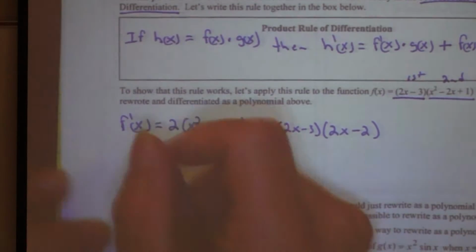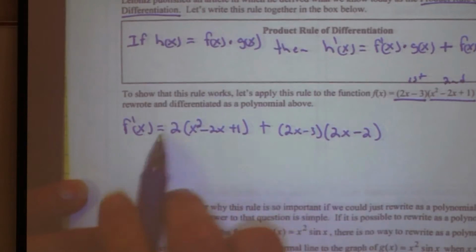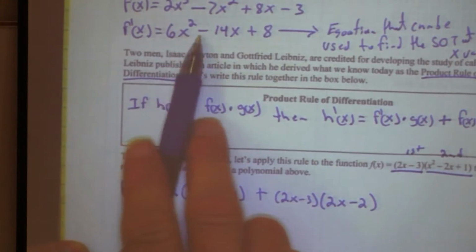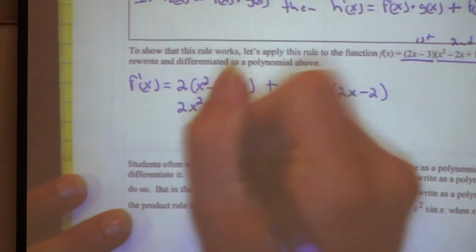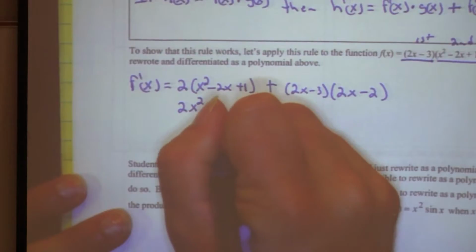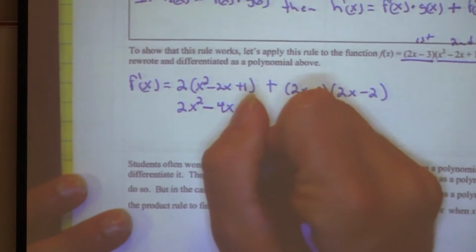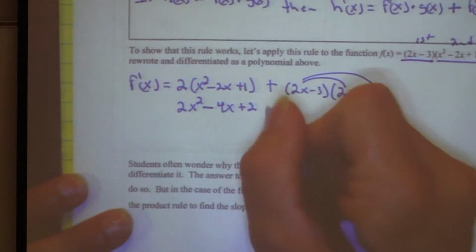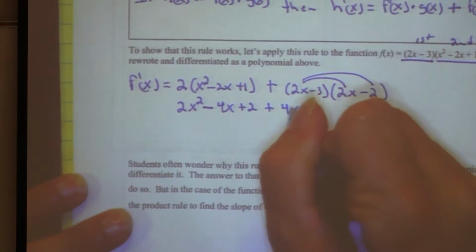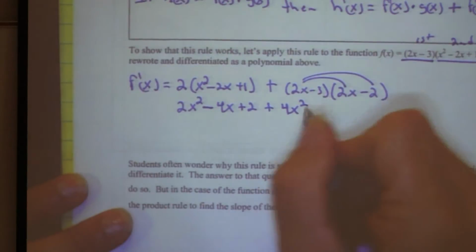Alright, so let's do it. All we have to do is expand it and see if we end up with the same answer that we had up here. Okay? So let's make it look like that one. What would I end up with here? 2x squared minus 4x plus 2. Over here I got a FOIL. So that'll give me plus 4x squared, right?